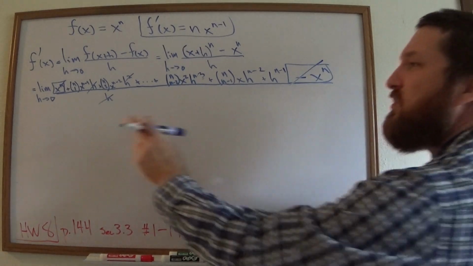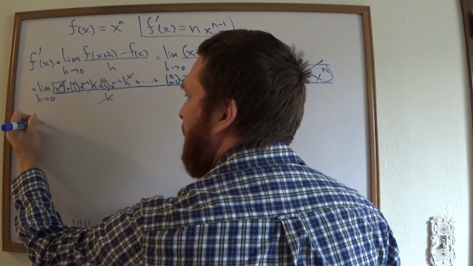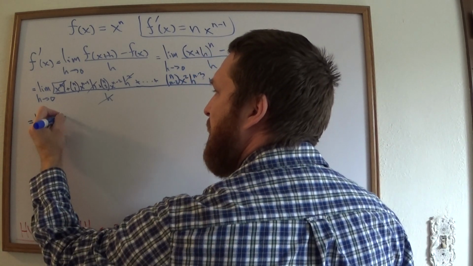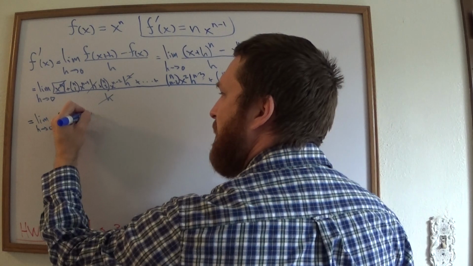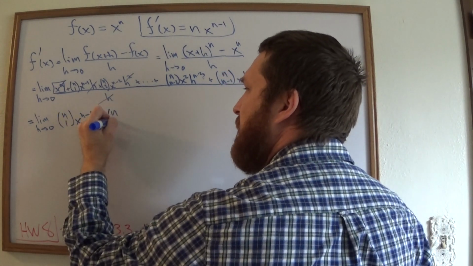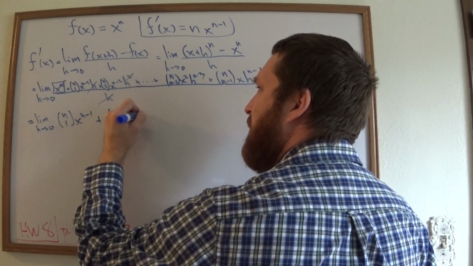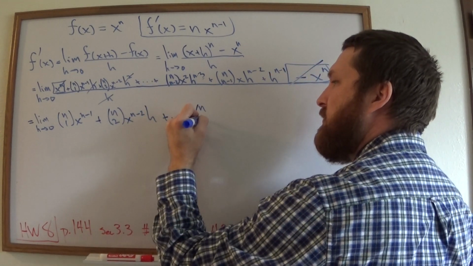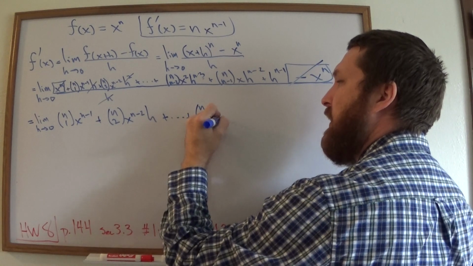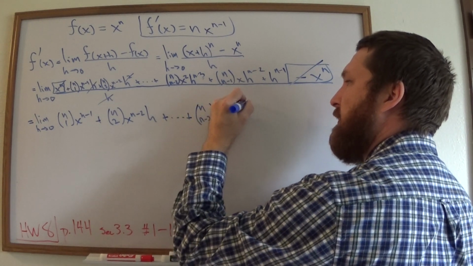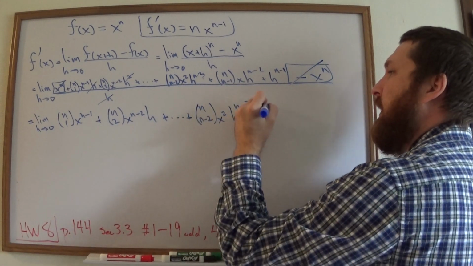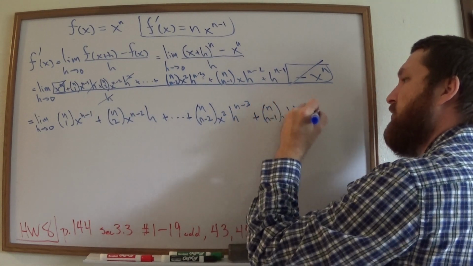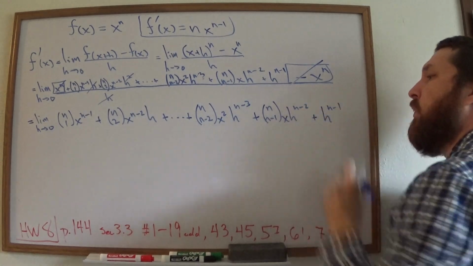Yeah. So now I have this thing, and I'll actually go ahead and rewrite that so that it looks nice. The thing we have now is n choose 1 x to the n minus 1 plus n choose 2 x to the n minus 2 h plus all the way up to n choose n minus 2 x squared h to the n minus 3, n choose n minus 1 x h to the n minus 2, finally h to the n minus 1.